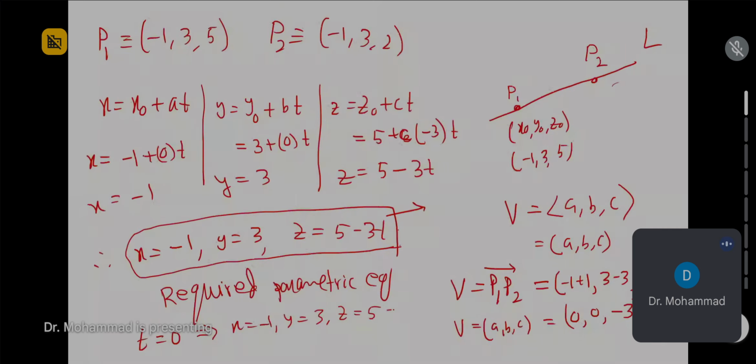So we have the point P1. Am I right? Because P1 is (-1, 3, 5). If we choose t is 1, then x is -1, y is 3, and z is 2. So it means the point (-1, 3, 2), which is P2. So if we choose the parameter t appropriately, then definitely we will have the original points P1 and P2.